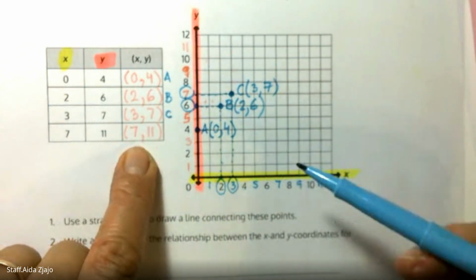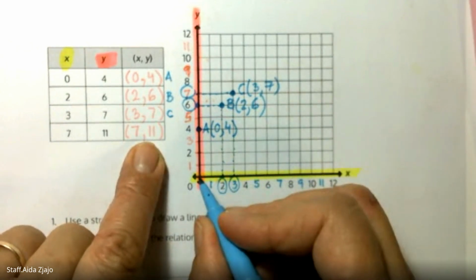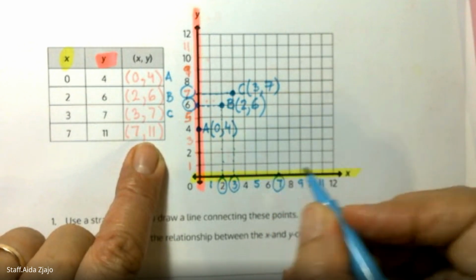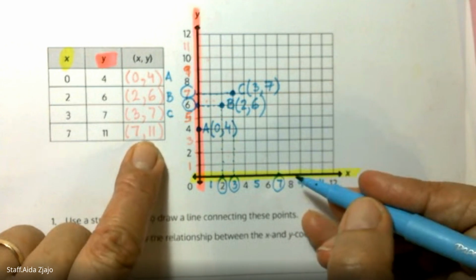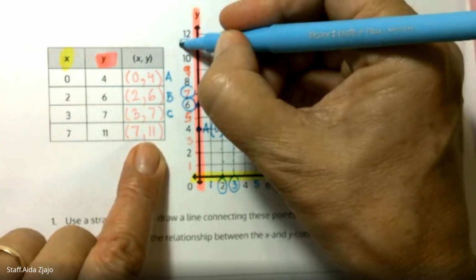Okay, next is 7 and 11. So from the origin, we go 7 on x, I found it. And then y is 11, right here.